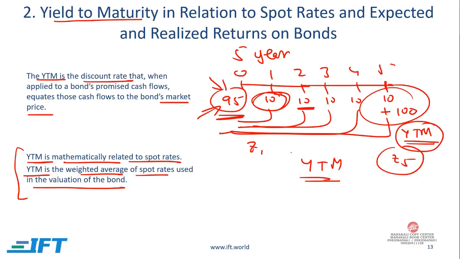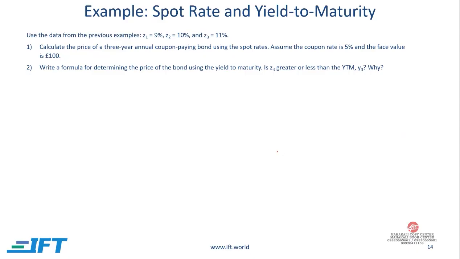Now let's look at this and understand it through an example. We'll use the same data that we have used in earlier examples. We have three different spot rates. The first question is, calculate the price of a 3-year annual coupon bond using these spot rates. Assume that the coupon rate is 5% and the face value is 100.